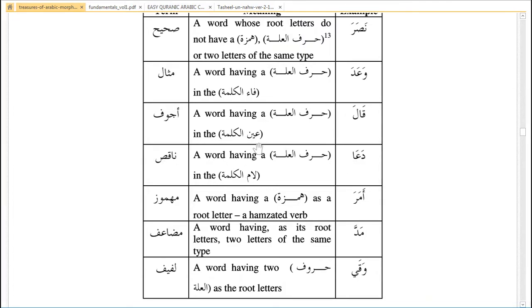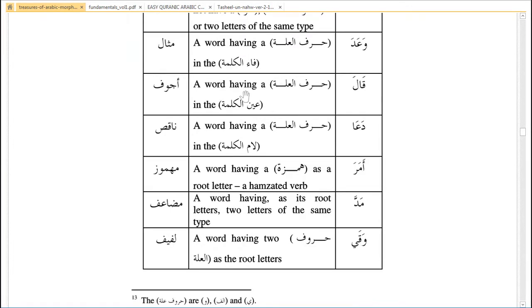As I said, naqis wawi and naqis ya'i, they are just the names. Maybe in the future, if you study further in the grammar books, we need all these names because it changes. But just to understand Quran, we don't need these names, as long as we know what's happening.